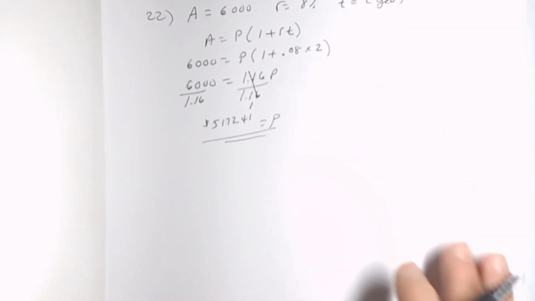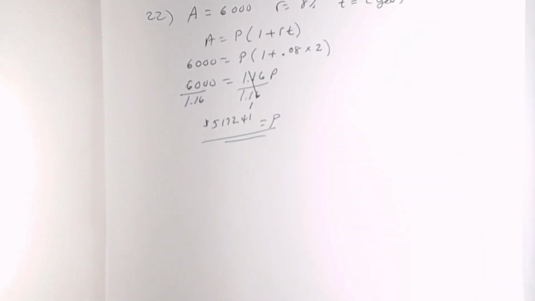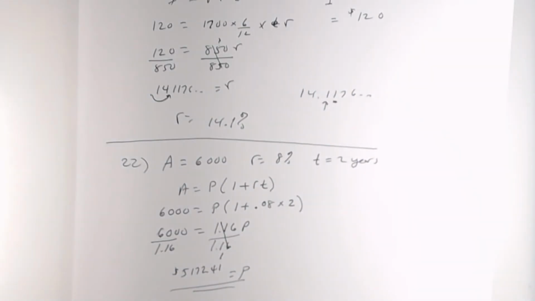All right, so that's number 22. There is no other way to do this, like we did in the previous problem, where you subtracted, found the interest, and then you use that interest formula. You have to do that, but it's not difficult. It can easily be done.